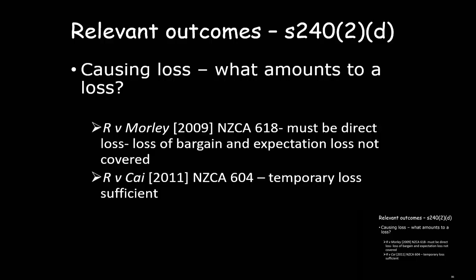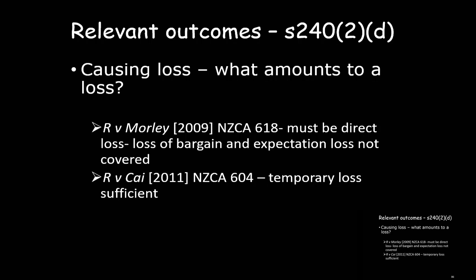Under the case of Kai, they said even a temporary loss will be sufficient. And this was a situation where a person got hold of some passwords and they transferred, I think it was $80,000 into an account out of the victim's account, and the bank got suspicious about this. So they froze the account and they froze the transaction and they reversed it. Right?